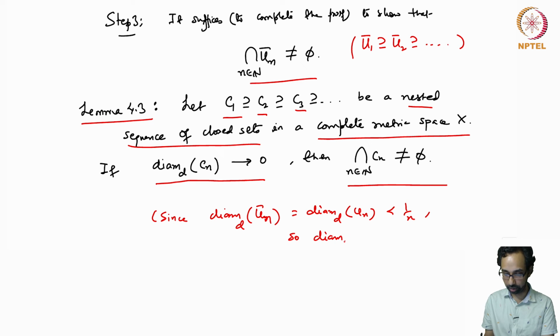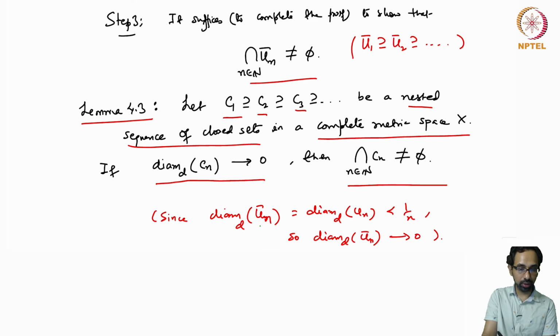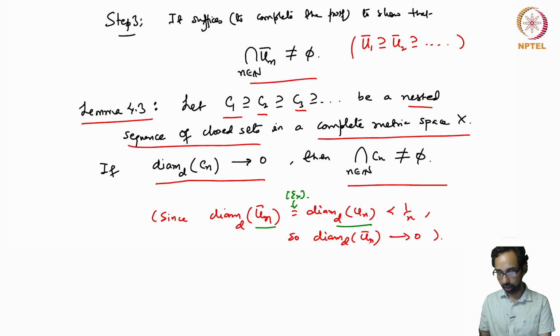So the sequence of diameters converges to 0. Here I am using the fact that the diameter of the closure is the same as the diameter of the open set. This is not very difficult to show, and I leave this to you as an exercise. And we will use this property to conclude that our intersection of all these Un closures is non-empty.